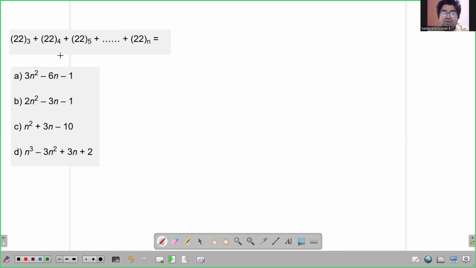So among these four options, which option best describes the sum to n of this particular series that is presented? Okay. So the way I am going to solve the question is by considering, say, 22 to the base 3. I'm just considering this alone.